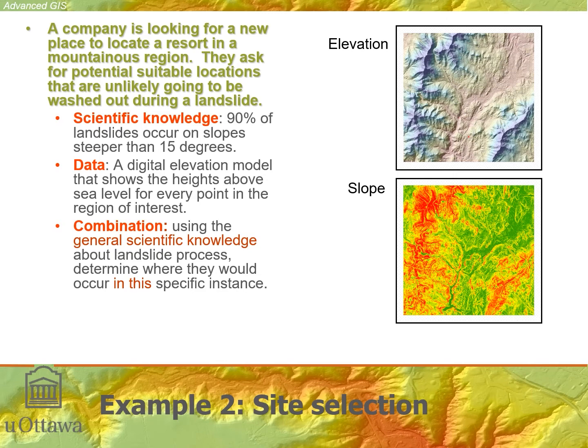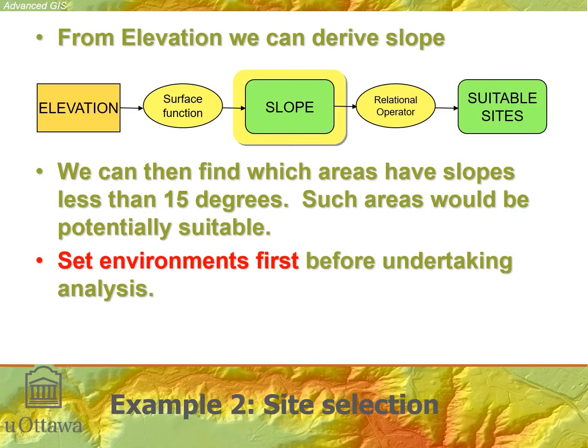So in order to solve our problem here, we have to convert elevation into slope. Once we have a slope model, like you see here, from the elevation, then we can find out which cells have values less than 15 degrees. From a cartographic modeling perspective, that would require two processes being linked together.